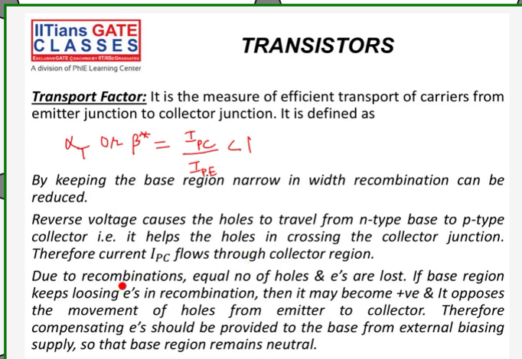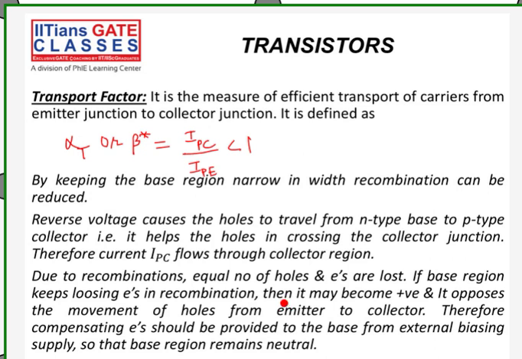Second thing, I'm talking about the recombinations in the base region. Due to the base recombinations, an equal number of holes and electrons are lost in the base region. If the base region keeps losing electrons in the recombination, then it may become positively charged. Holes which are coming from the emitter region are lost in the base region.